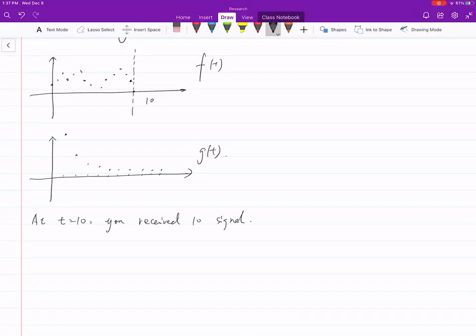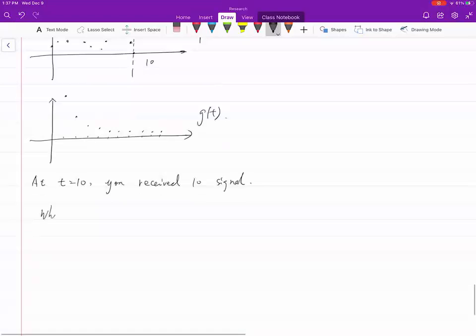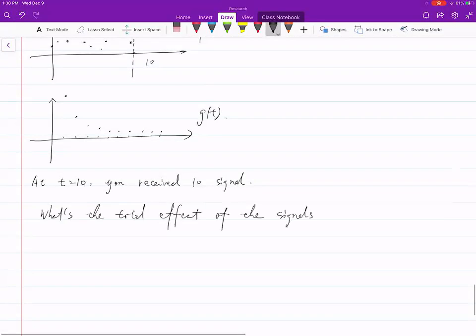Still okay? Now the question is, what's the total? Let's just call it signal. What's the total effect of the signal up to t equals 10?